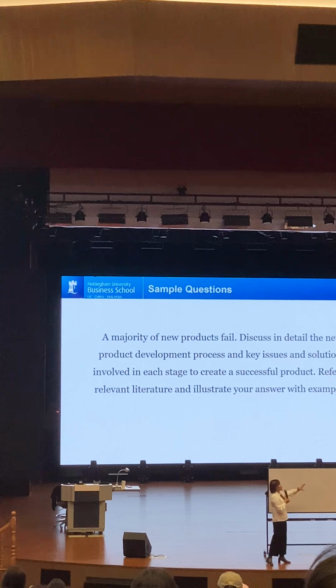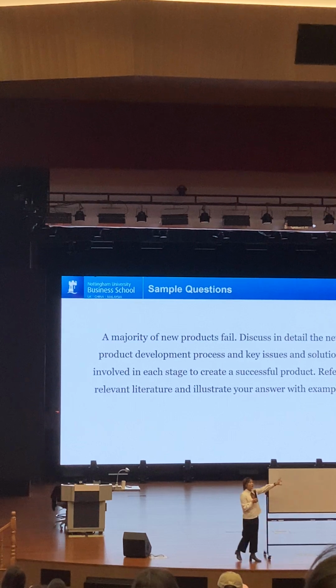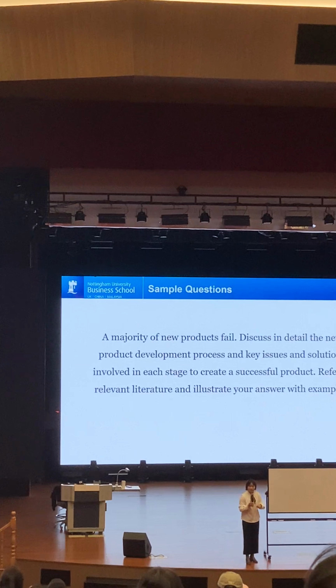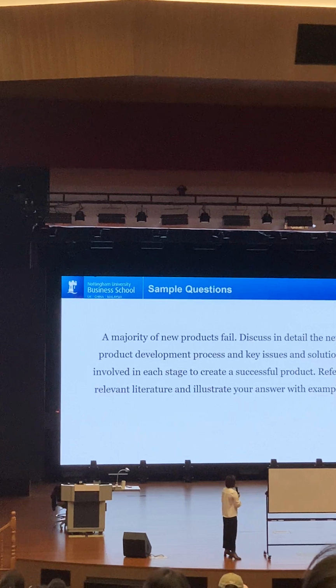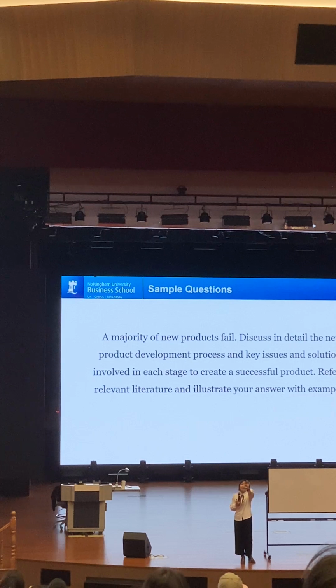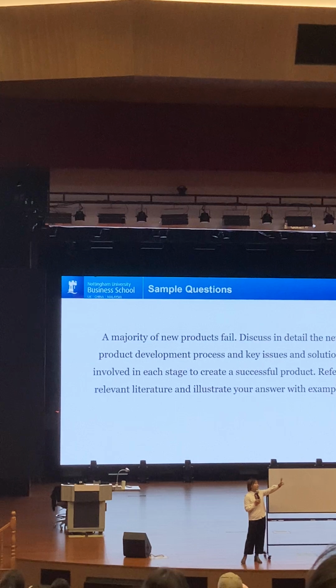So, for the question here, can somebody tell me how many key components there are? 3? 4?